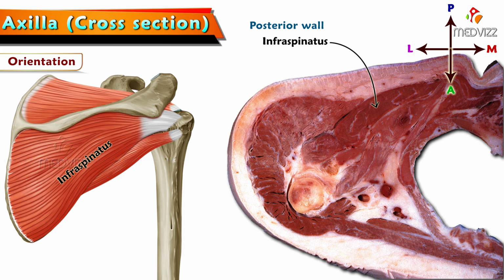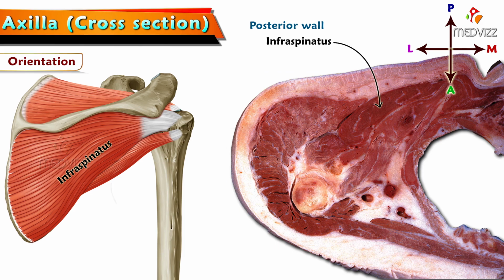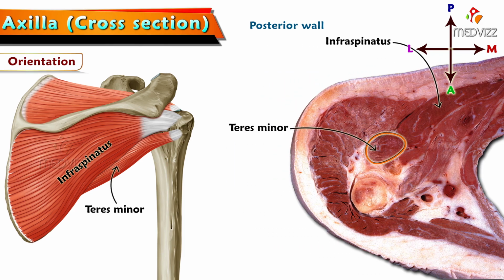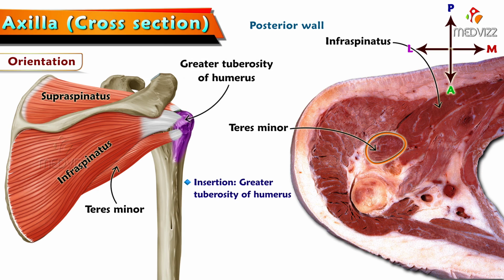Another structure related to the posterior wall is the teres minor muscle, which lies along the infraspinatus. Teres minor, infraspinatus and supraspinatus all get inserted to the greater tuberosity of the humerus.